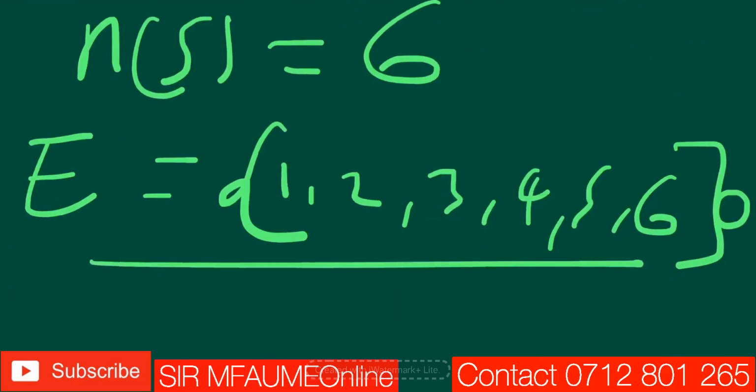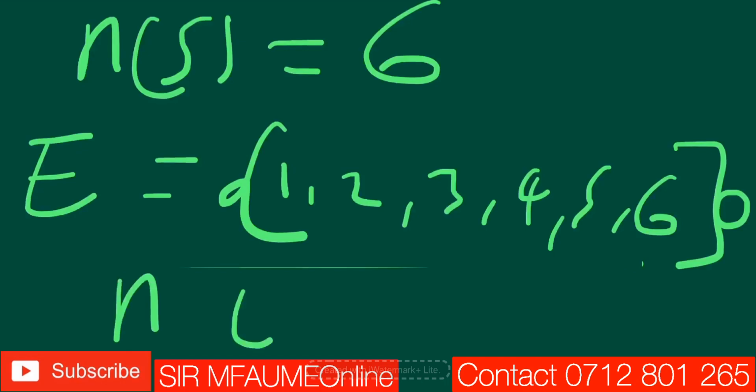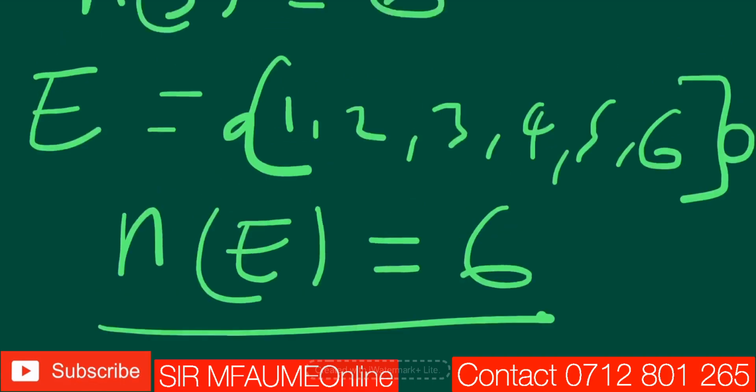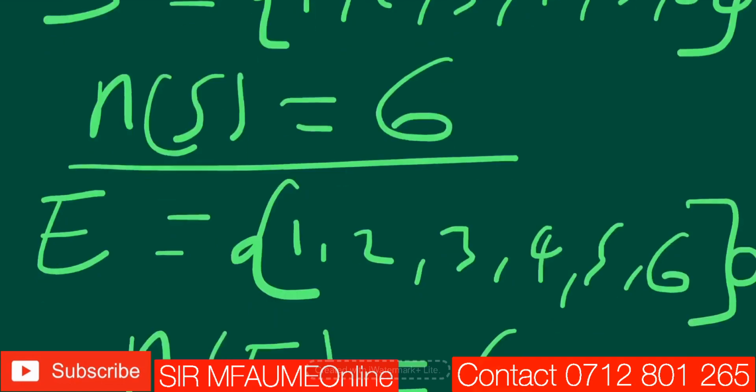Since this is my set of events, I can write the number of events. The number of events means the number of elements in the given event. Let me count the number of elements here: 1, 2, 3, 4, 5, 6. So the number of events here is also equal to 6. Now I have the number of events and also the number of samples.